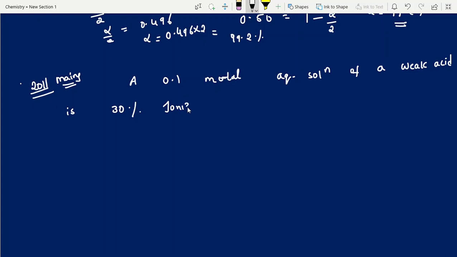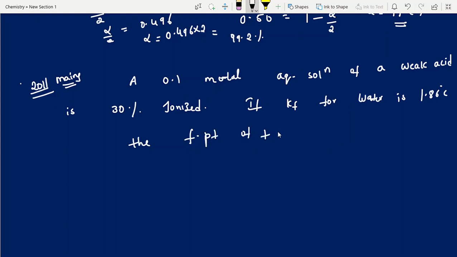That is dissociated type, ionized. If Kf for water is 1.86. Sometimes they won't give the Kf value of water; it is fixed at 1.86 degrees centigrade. Okay. Find the freezing point of the solution.